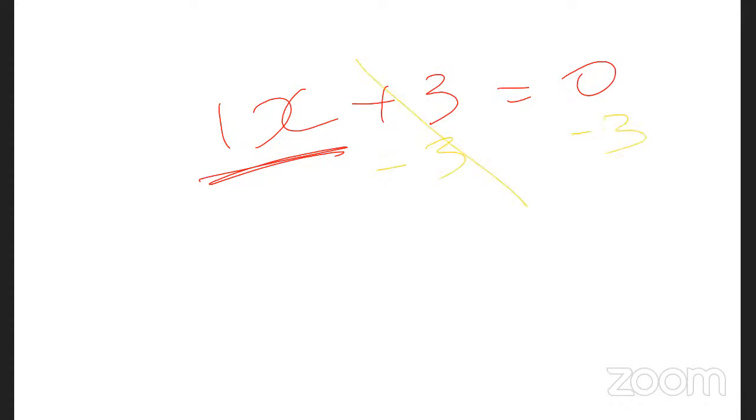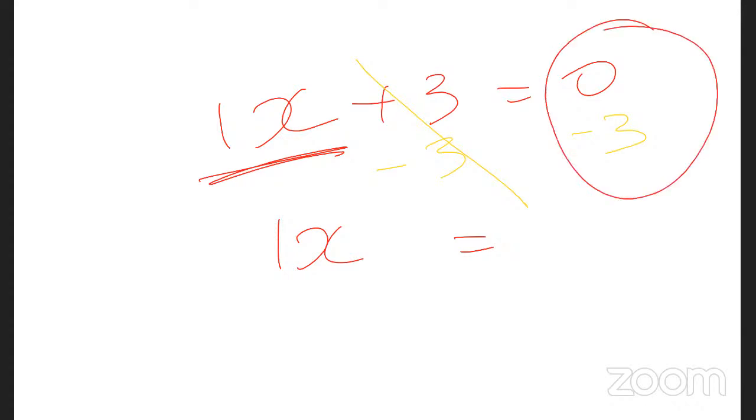That's gone. We're left with 1x there equal, what's 0 minus 3, Sashin? Repeat. Yes. What is 0 minus 3? Negative 3.